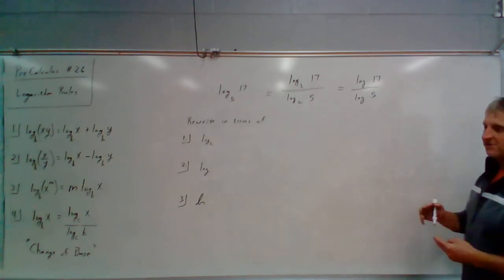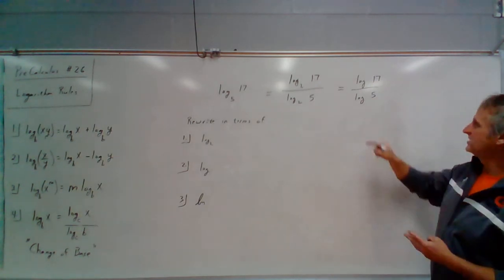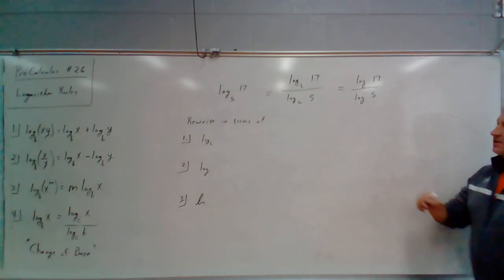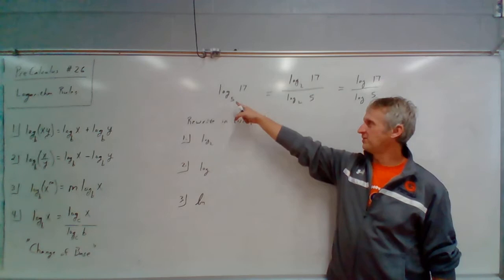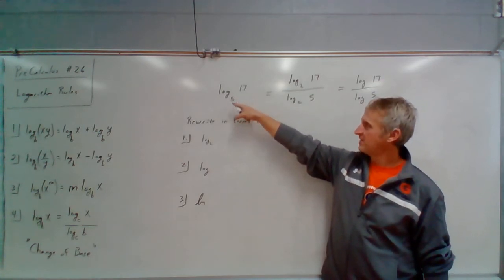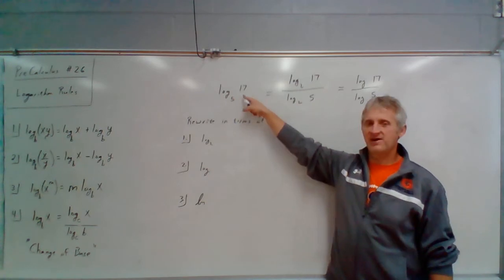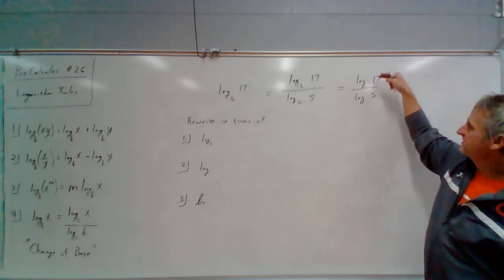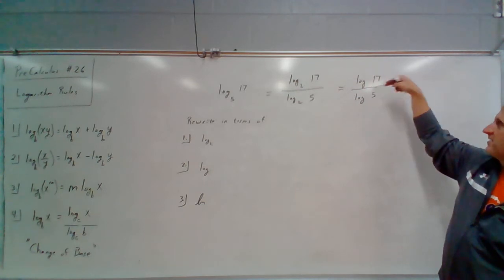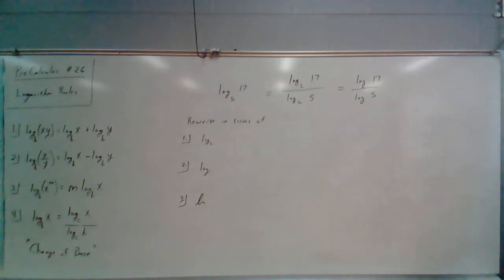On your calculator, on the main screen, you have a button for the common log. It's more difficult on the calculator to do base 5. You can do it, but you have to search through some stuff. So an easy way to do log base 5 of 17 would be to use the change of base formula and just type in your calculator log of 17 divided by log of 5, and it would give you an approximate value for that answer.